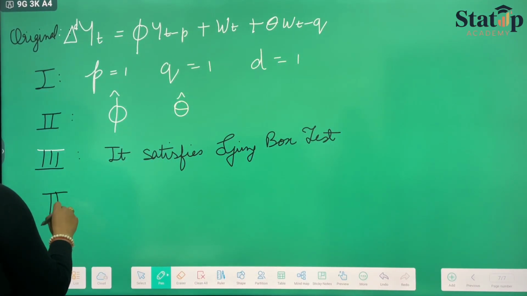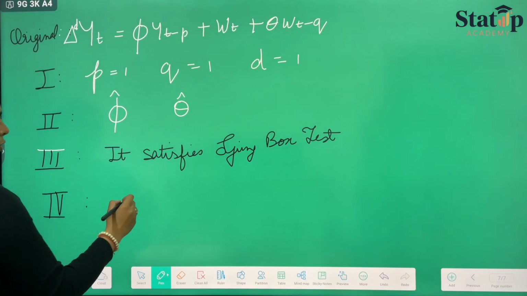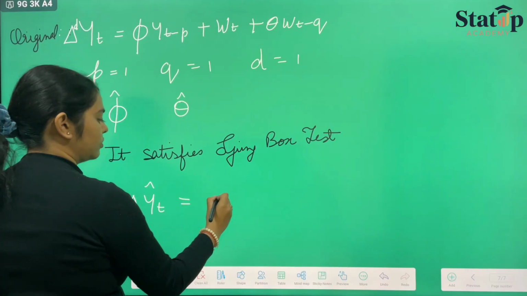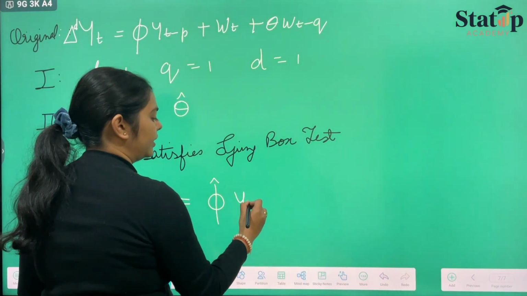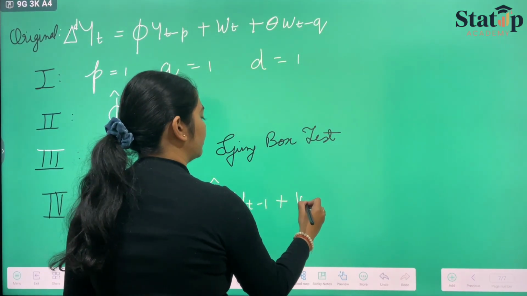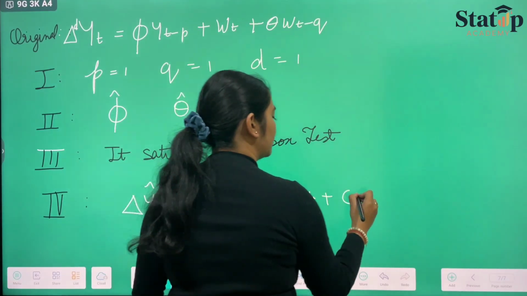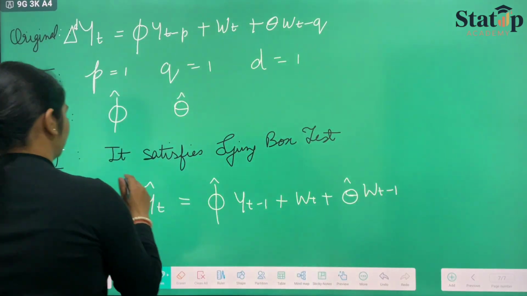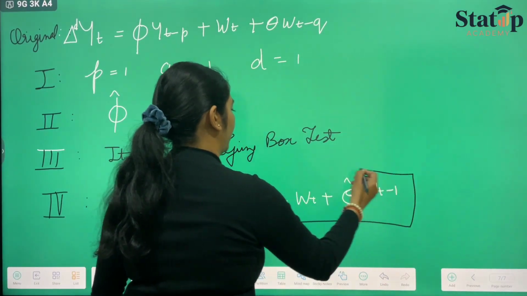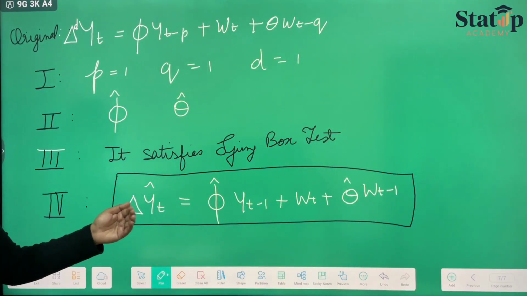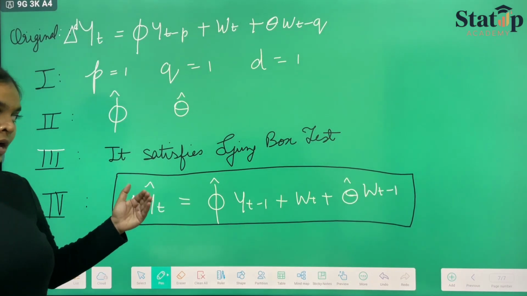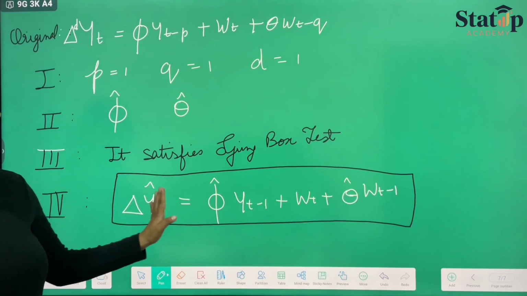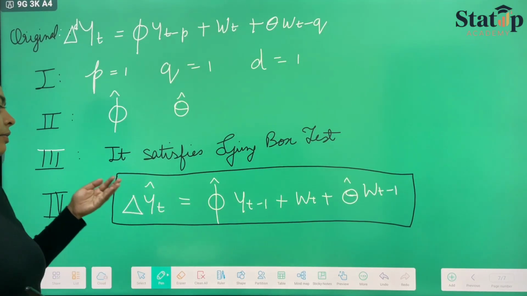Now the fourth step would be forecasting. Our forecasted model would be yt cap equals phi cap yt minus 1 plus wt plus theta cap wt minus 1. As and when the value of t changes, this forecast will also change.